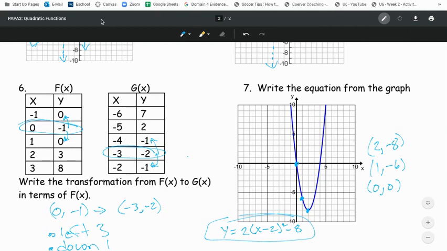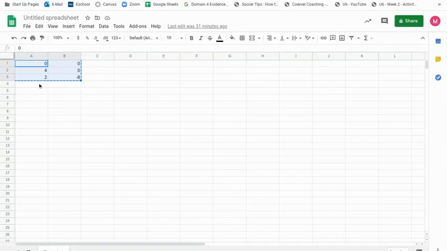And then the other way I'm going to show you guys is by grabbing some points here. So this is at 4, -6, and then we have another point right here at 4, 0. Oops, that's a comma. And this is not 4, this is 3, -6. Okay, so if I wanted to generate an equation using Desmos, the first thing I would do is go to some sheets.